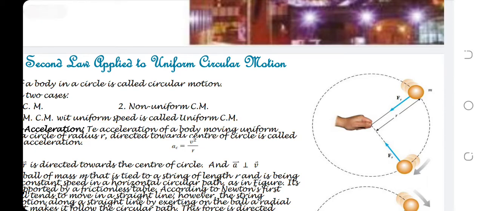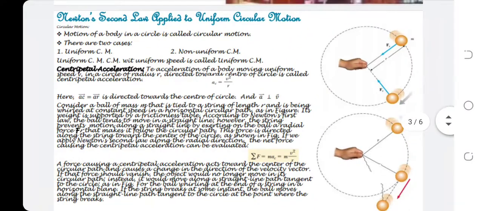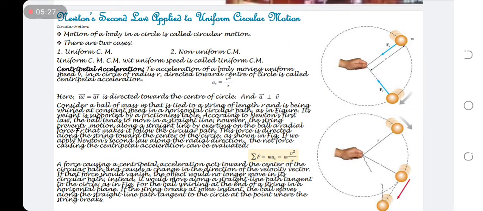As we know, the rate of change of velocity with time is called acceleration. So in this case, we study the acceleration due to circular motion. That acceleration is known as centripetal acceleration.